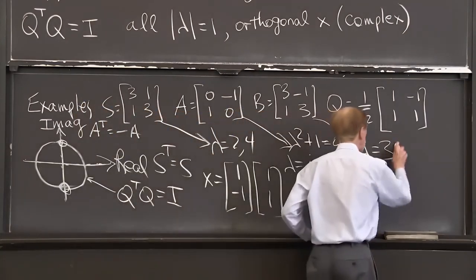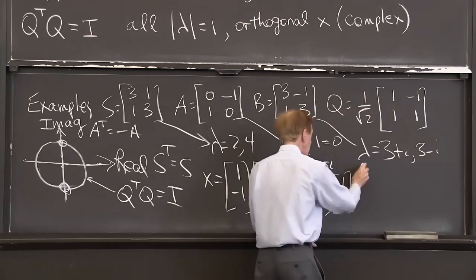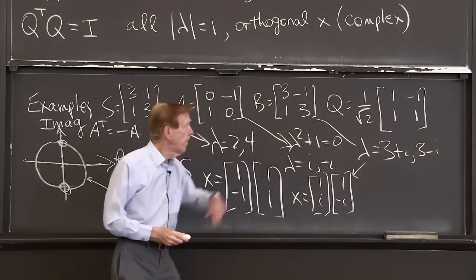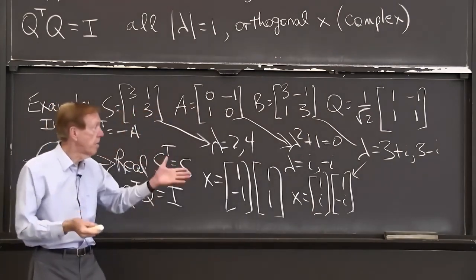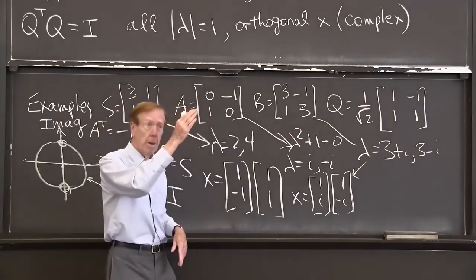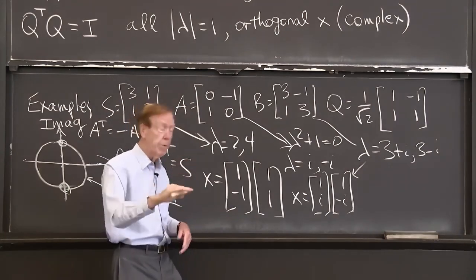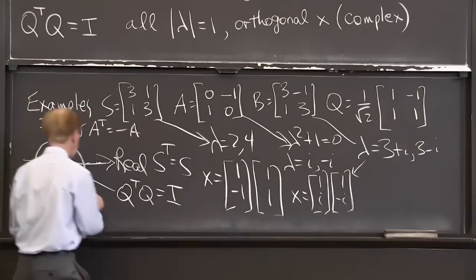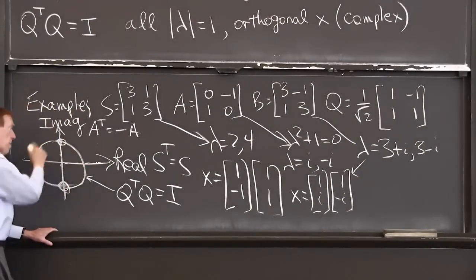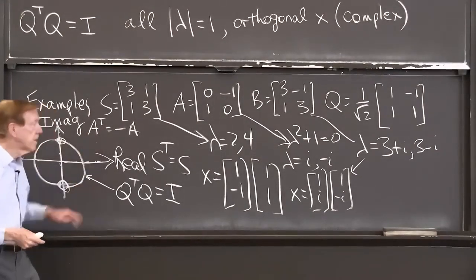I'll have 3 plus i and 3 minus i, and the same eigenvectors. And now, so that's a complex number. That matrix was not perfectly antisymmetric. It's not perfectly symmetric. So that gave me a 3 plus i somewhere not on the axis or that axis or the circle. Out there, 3 plus i and 3 minus i.